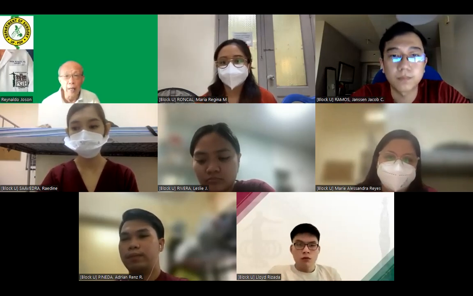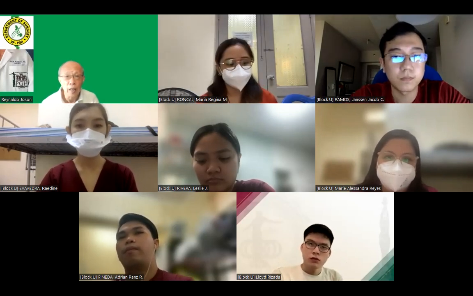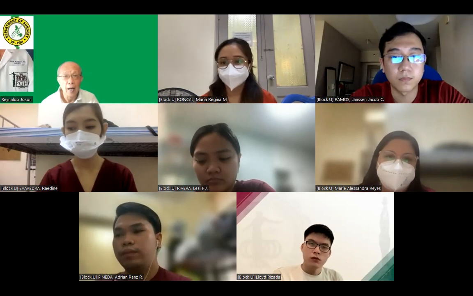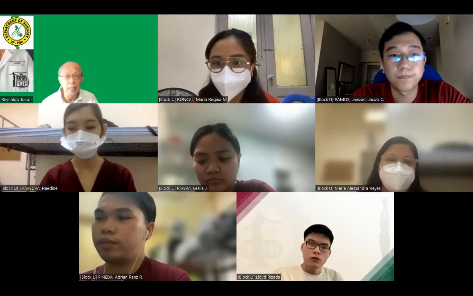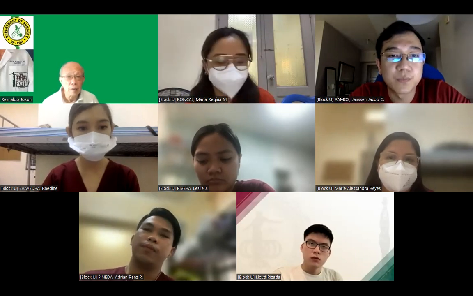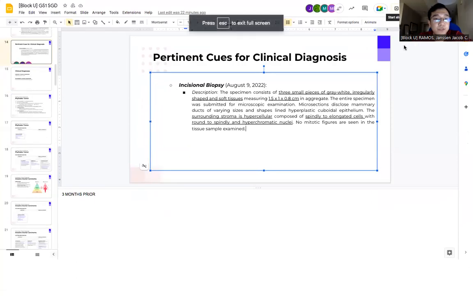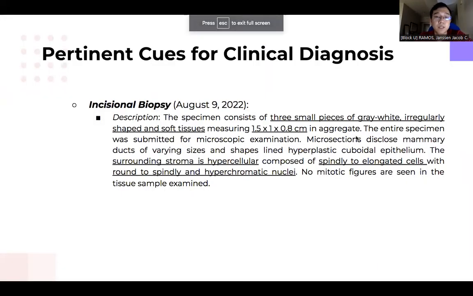So ang nakalagay dun sa findings, stromal, di ba? Stromal tissues, gano'n. Tama? Can you read the findings? Okay, sir. So the specimen consists of 3 small pieces of gray to white, irregularly shaped and soft tissues, measuring 1.5 by 1 by 0.8 centimeter in aggregate.